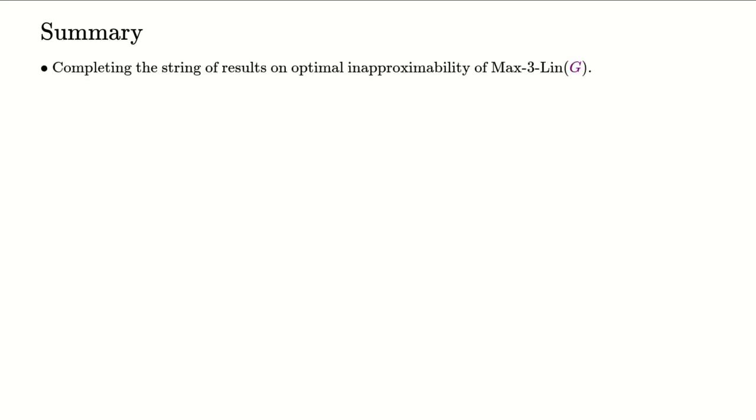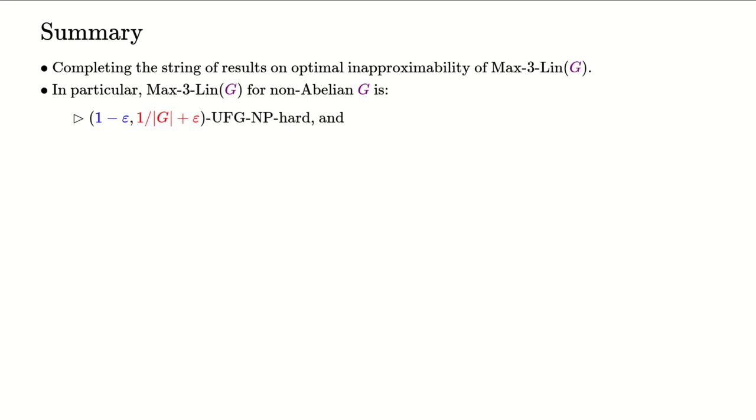Let us conclude this talk with a summary. Our result is completing the string of results on optimal inapproximability of Max-3-Lin G. In particular, we show that Max-3-Lin G for non-abelian G is 1 minus epsilon, 1 divided by the size of G plus epsilon, universal factor graph NP-hard, and 1, 1 divided by the size of commutator subgroup plus epsilon UFG NP-hard.